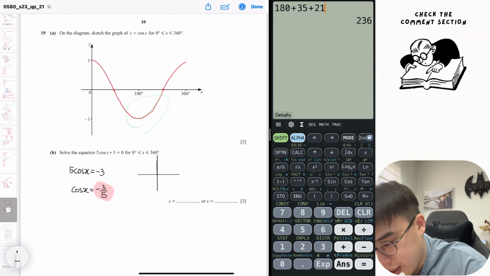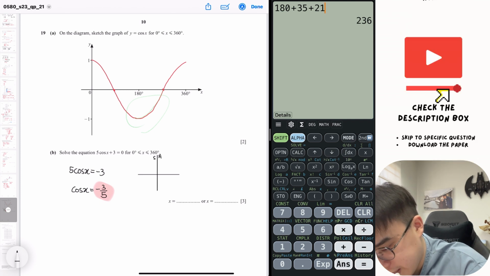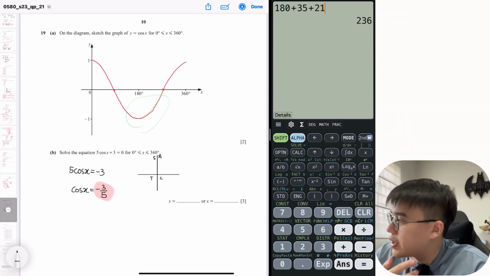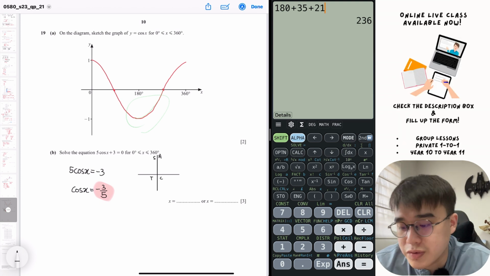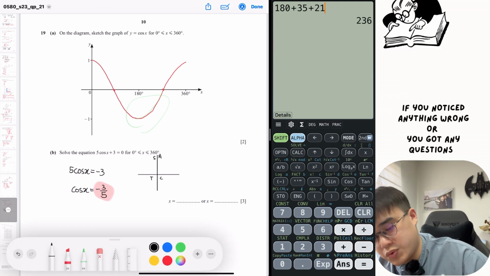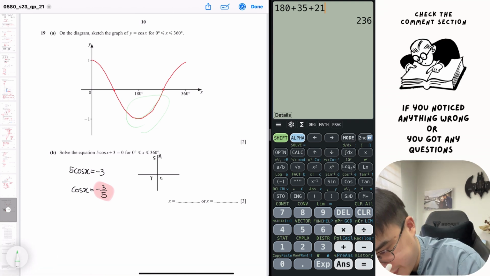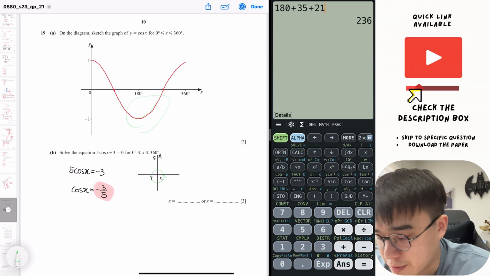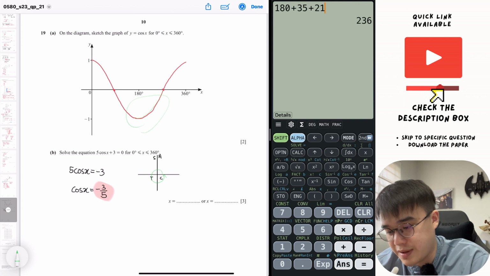Okay, it is ASTC. Okay, if you can't remember this, the acronym for this is all school teacher crazy. Cosine to be negative. Okay. Please take note that it is covering all the way from 0 to 360 according to this statement.